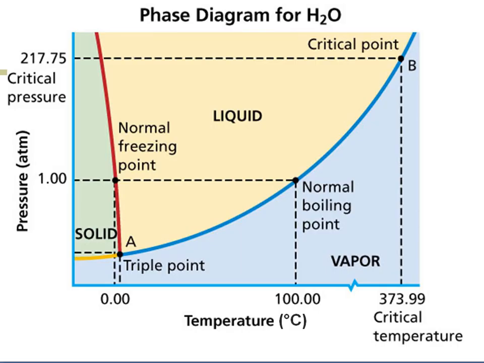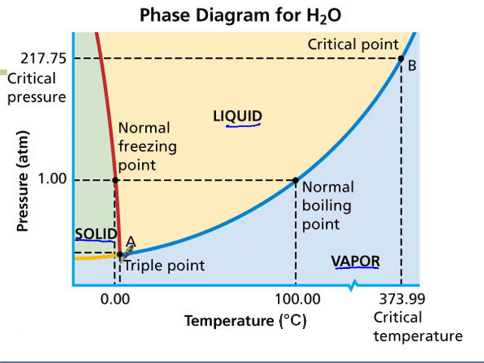Okay, so this is a very common substance, water, and there's a lot of information that can be drawn from this phase diagram. Here we have our solid, the liquid phase, and then our gas, more commonly known as the vapor phase. The triple point we mentioned before is right here. It is the point at which three different states of matter can coexist at the same time.